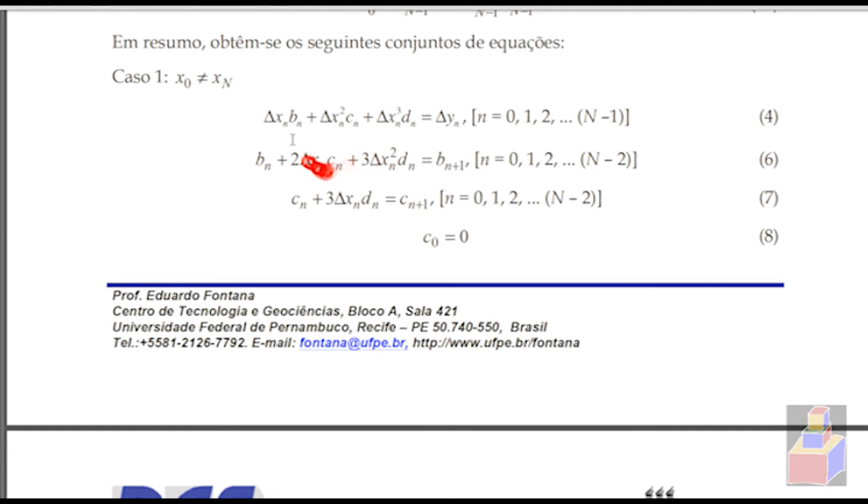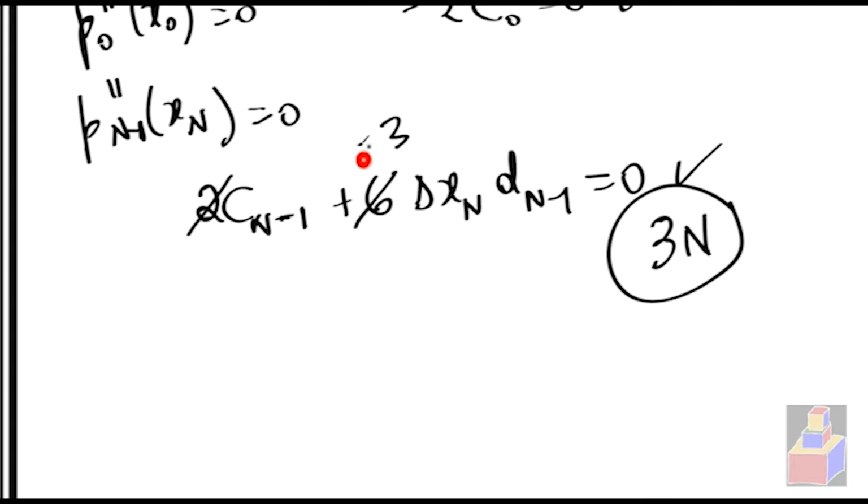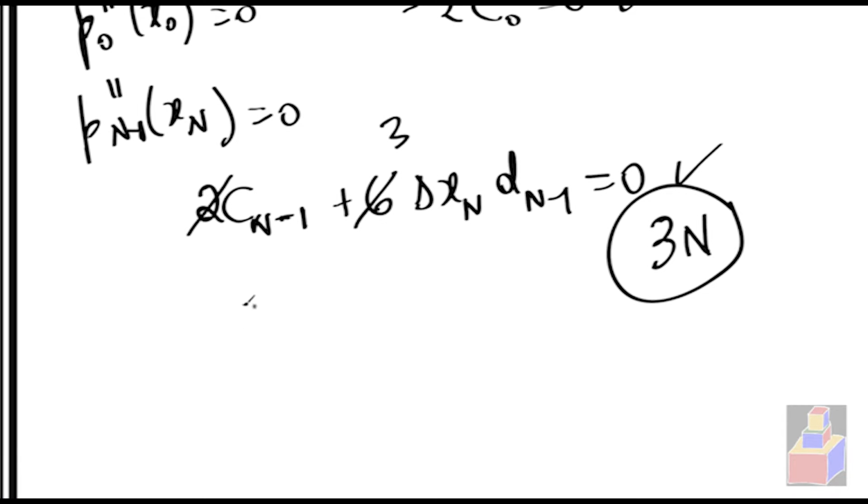But let's focus on that condition. Let's assume that all the distances delta xn between the x-coordinates of successive points are constant. In other words, delta xn equals delta x.